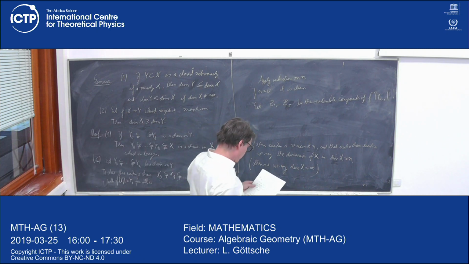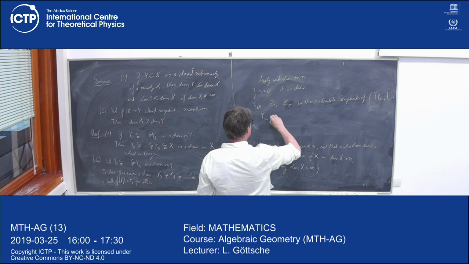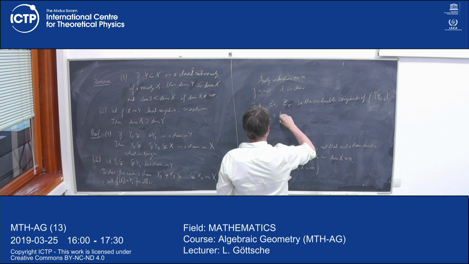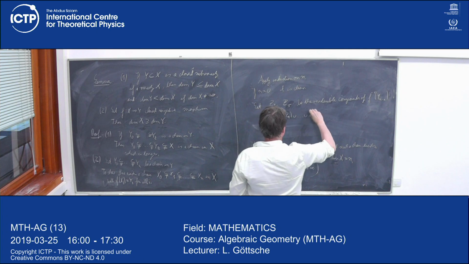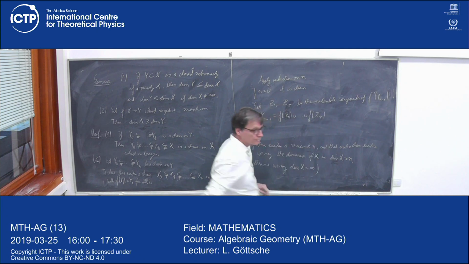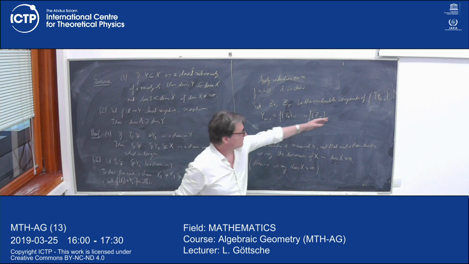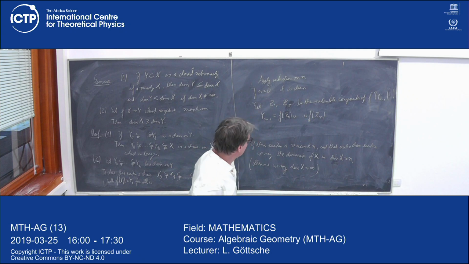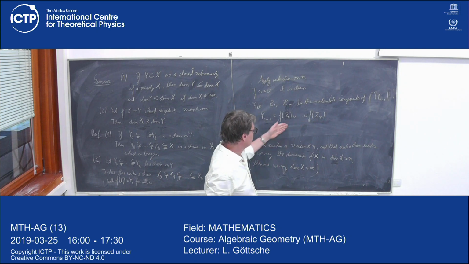Then obviously y n minus 1 is equal to f of z1 union up to f of zr, because f to the minus 1 of this is the union of these. So y n minus 1 is irreducible, and these are closed subsets.